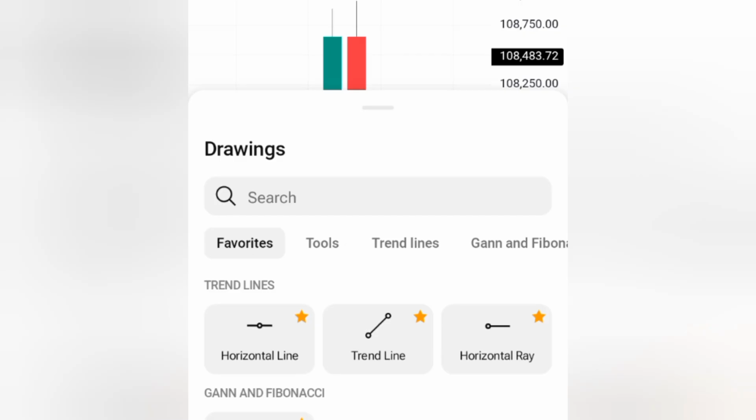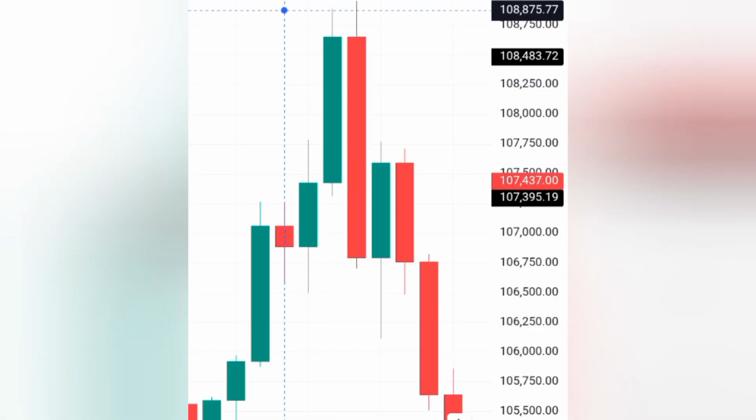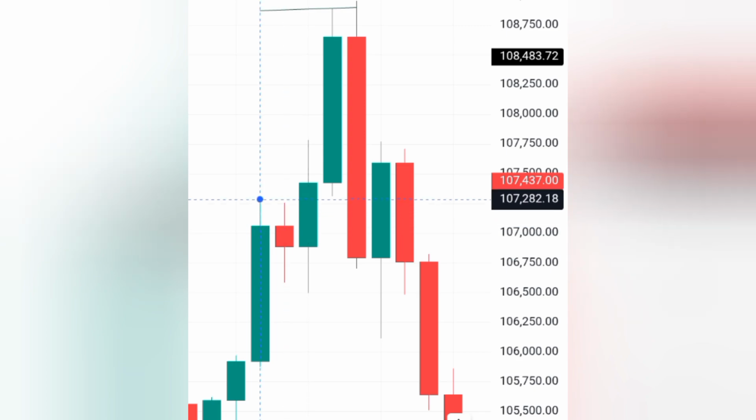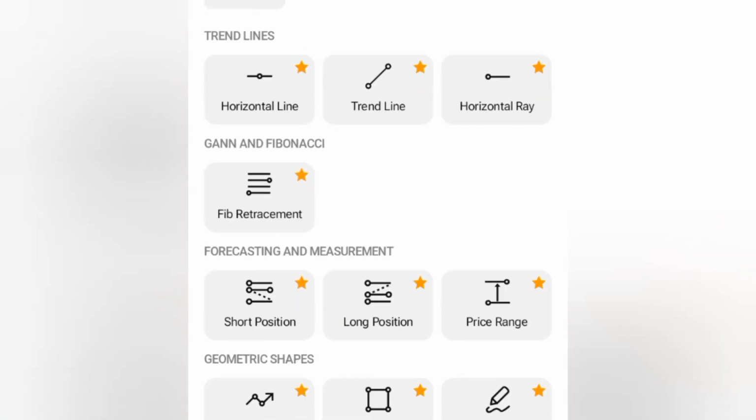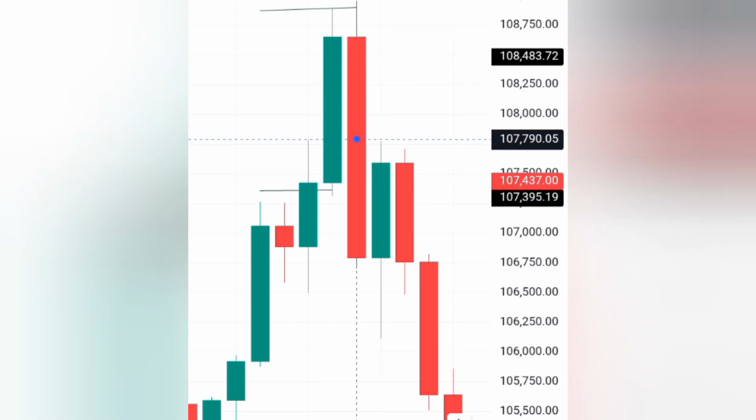Remember, we said for the bearish engulfing, the red candle engulfs all this bullish candle. So that was the last bullish candle that the market had formed. Now you can see how this red one came and engulfed all of this green candle, making it a bearish engulfing candle.